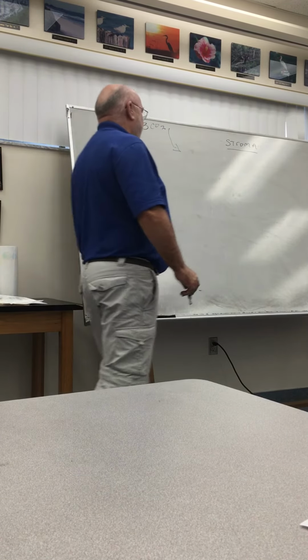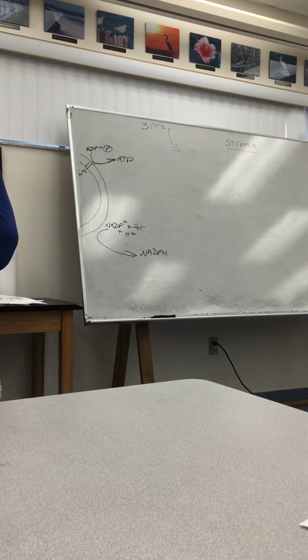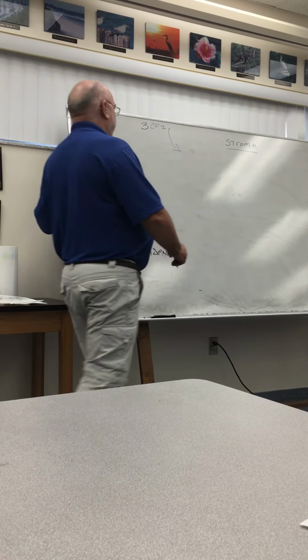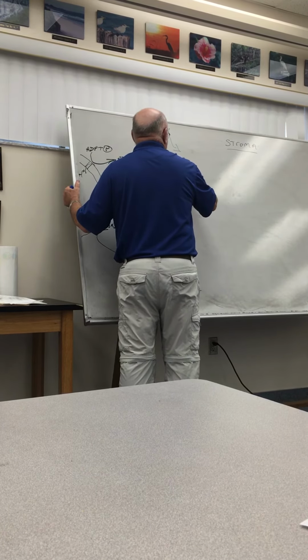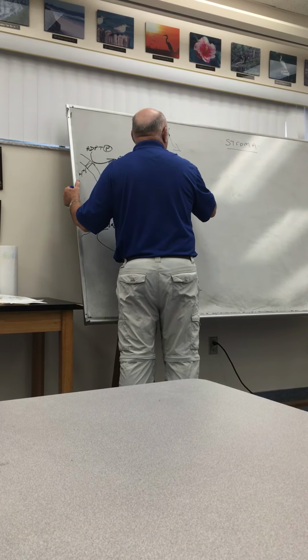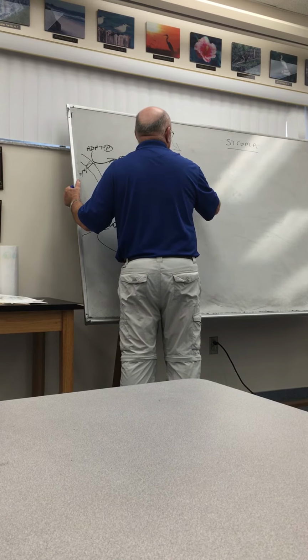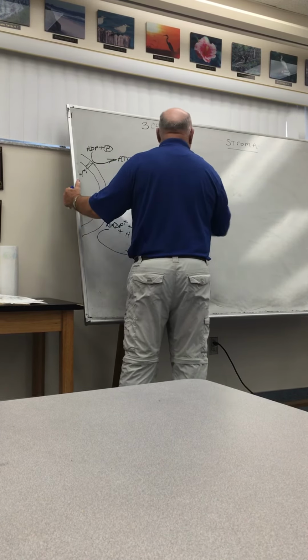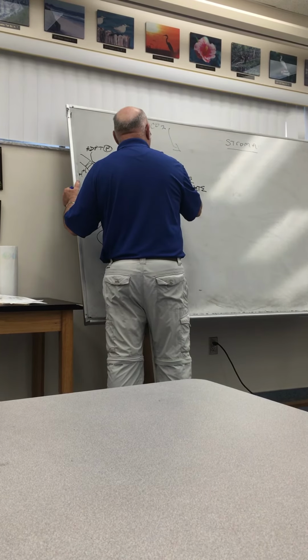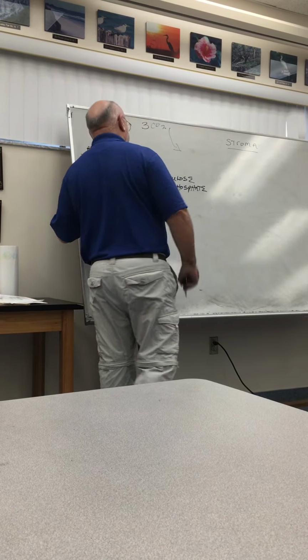Within the stroma are pre-existing molecules that are called ribulose bi- or diphosphate. I don't know why people don't get together and decide, is that going to be a D or is that going to be a B?